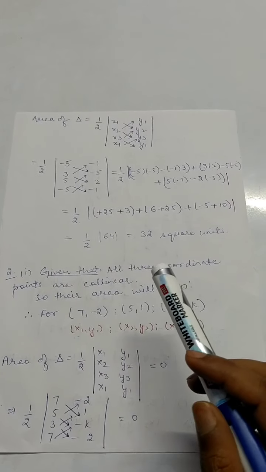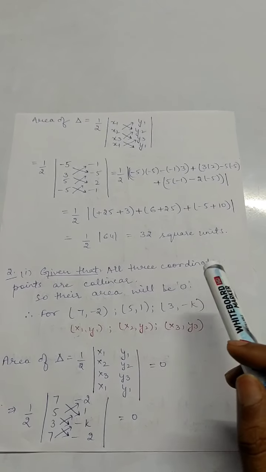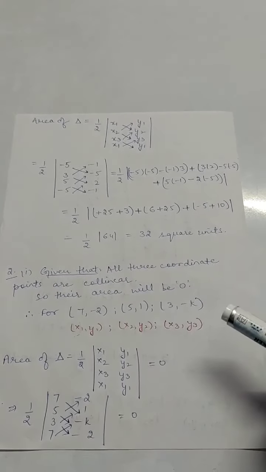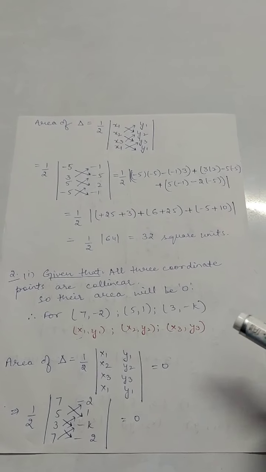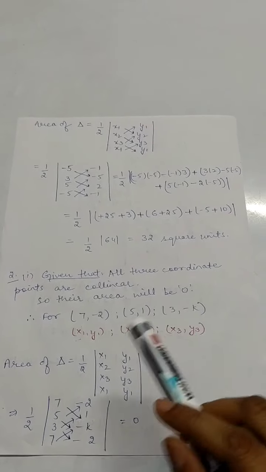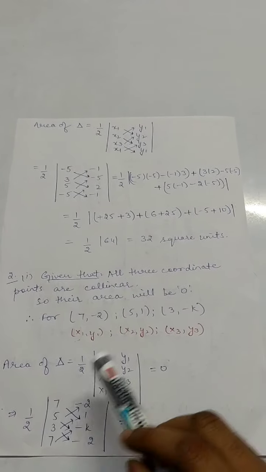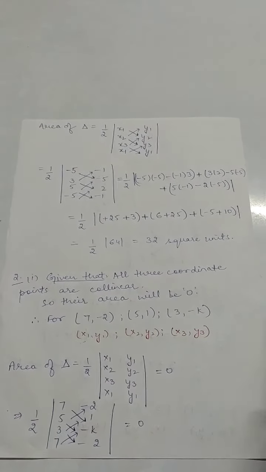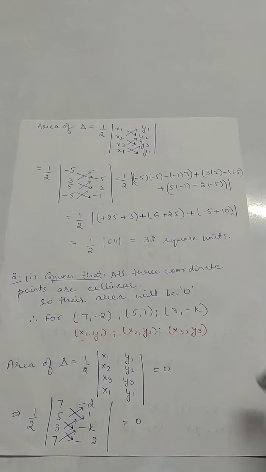Note that if a coordinate system has 3 or more points which are collinear, it means they are on the same straight line. For a straight line there is no triangle formed, so the area of triangle will be 0, right? Let us check it over here.